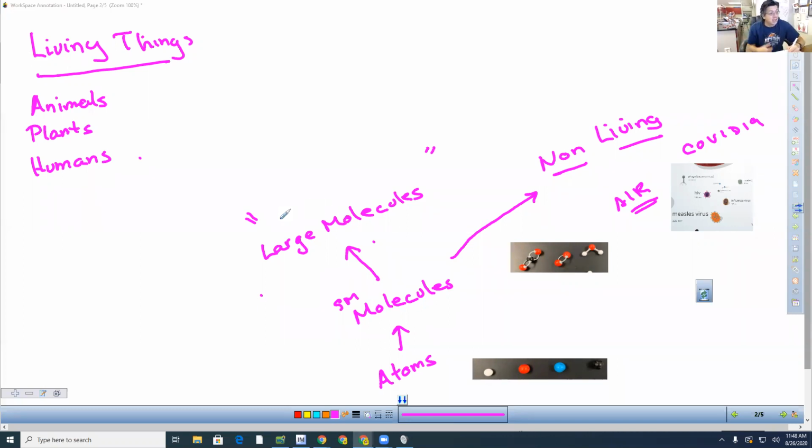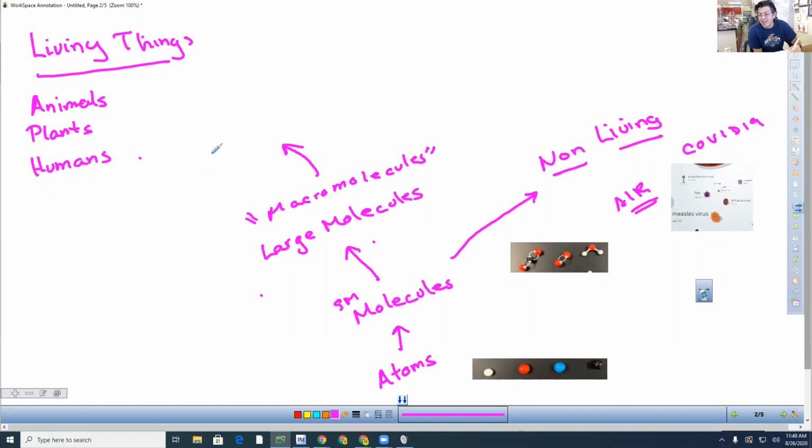Macromolecules. That's right, macromolecules. So when I say large molecules, I'm talking about molecules that are large and long. Like DNA, it's large and it's long. Why is it large? Why is it long? Because it's built from smaller molecules. And now that we have these large molecules like DNA and proteins and lipids and carbohydrates, these large molecules are used to build, what are we made out of?